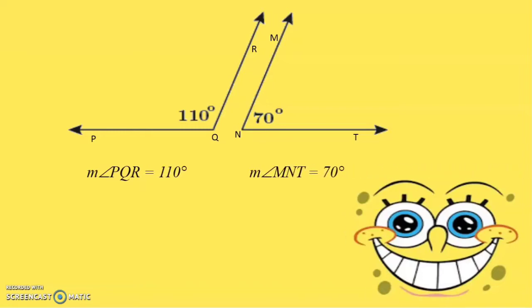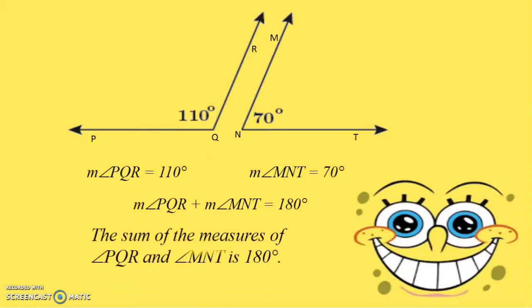When we add the measure of angle PQR and the measure of angle MNT, that is 110 plus 70, we get 180 degrees. That is, the sum of the measures of angle PQR and angle MNT is 180 degrees. Therefore, angle PQR and angle MNT are supplementary angles.